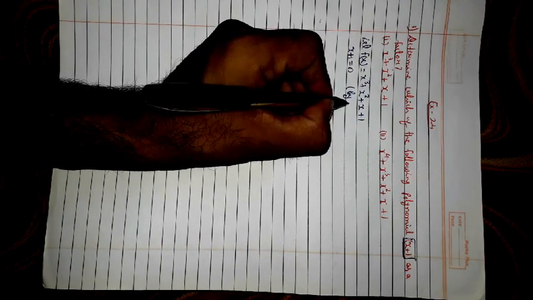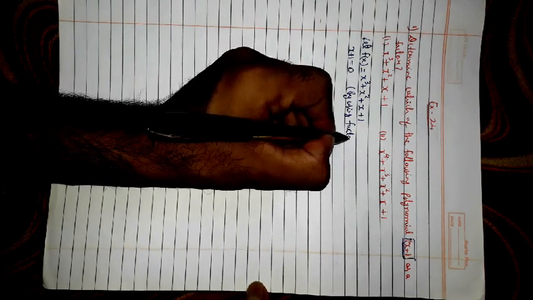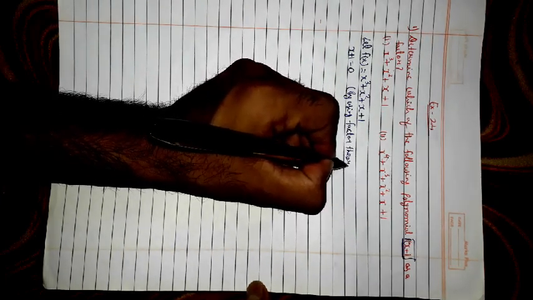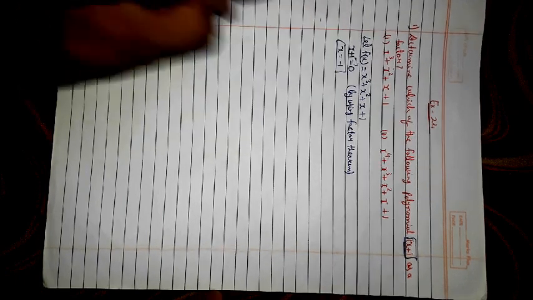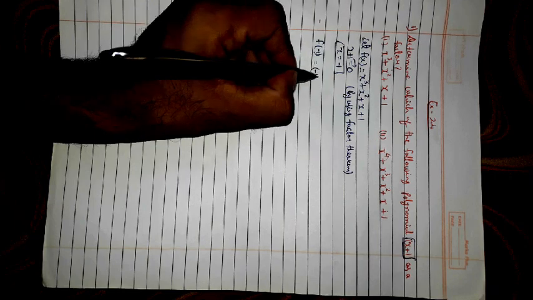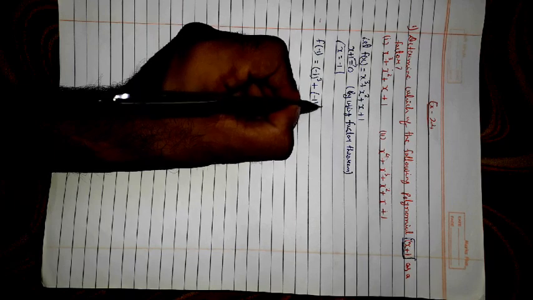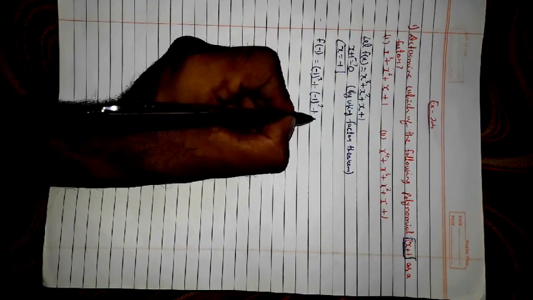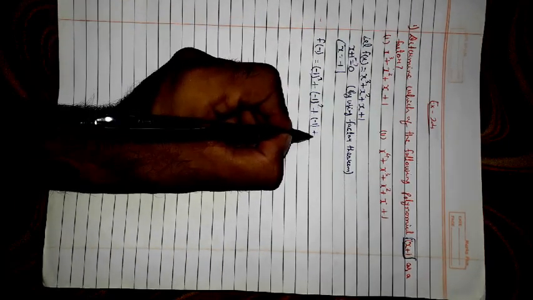Using the factor theorem, when I shift 1, I get the value of x as minus 1. So minus 1 will be put in the equation. So f(−1) will be: instead of x in x³, we write (−1)³, next plus (−1)², then instead of x again −1, and finally 1.